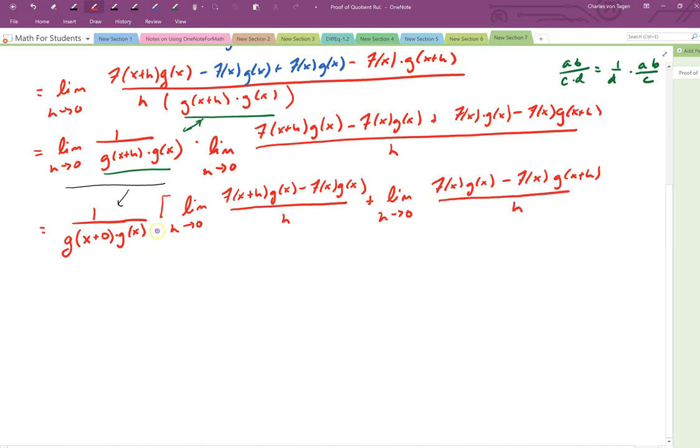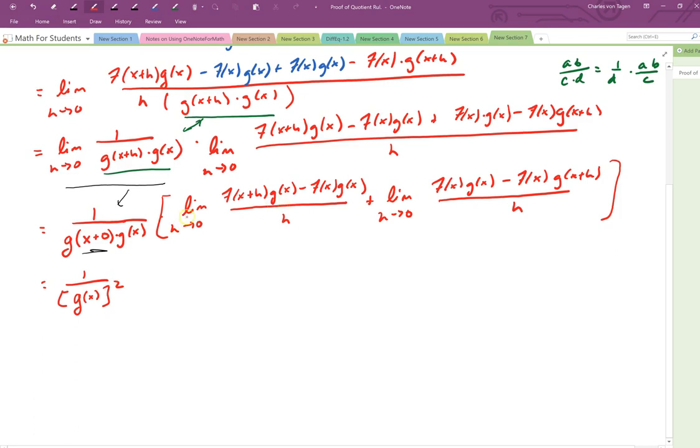I need to put all of this in a bracket. So this gives us 1 over g of x times g of x, which would give me g of x squared.